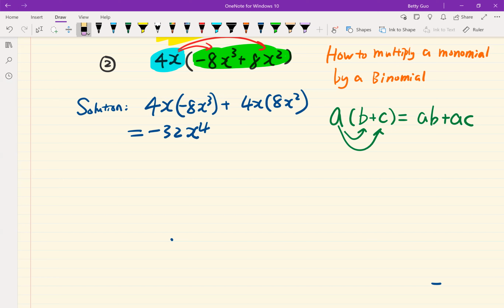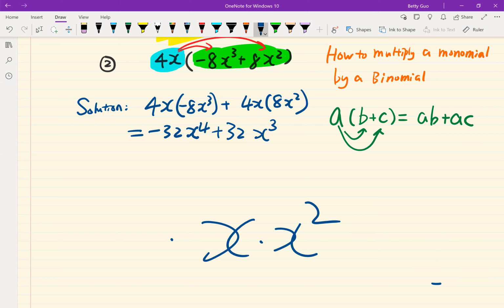What is 4 times 8? Very good. And what is x times x squared? Cube. Very good. It's easy. X squared is 1, 2, so in total you have 3, right? So x cubed. And that's the answer. When you multiply a monomial by a binomial, your answer is a binomial.